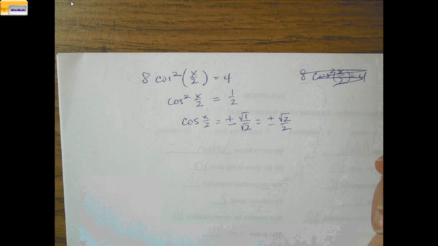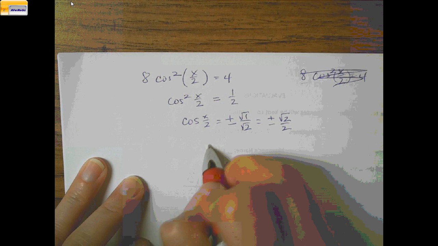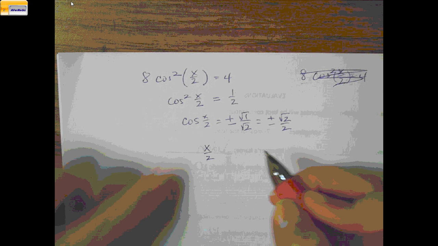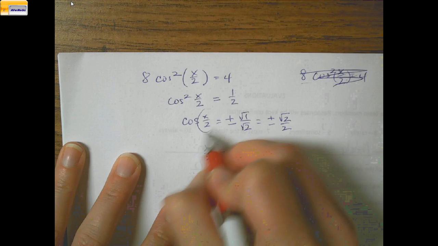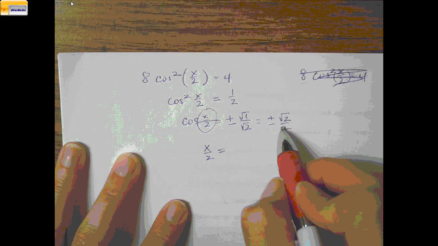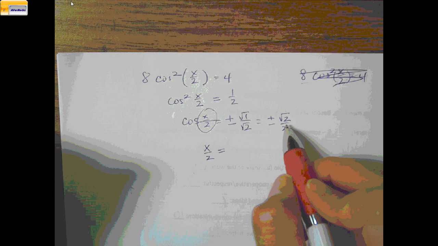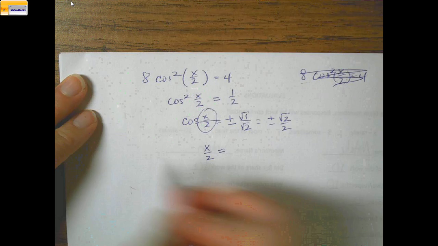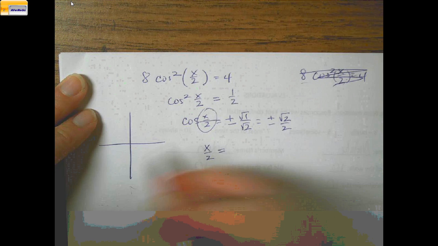So some angle, x over 2, whatever angle divided by 2, this theta, when we take the cosine of that angle, it's going to equal radical 2 over 2, positive and negative, which is handy because that means every single quadrant.